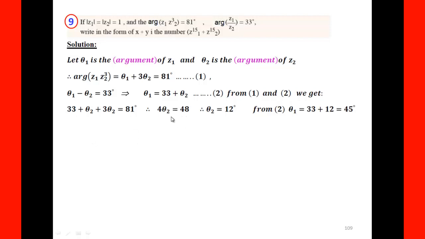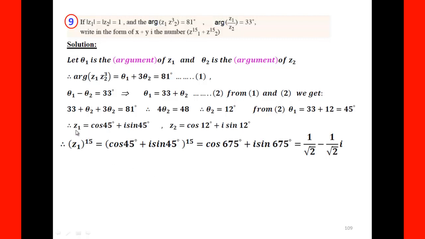Dividing both sides by 4 gives theta 2 equals 12. In 2 we have theta 1 equals 33 plus theta 2, but theta 2 equals 12, so 33 plus 12 equals 45, and theta 1 equals 45.